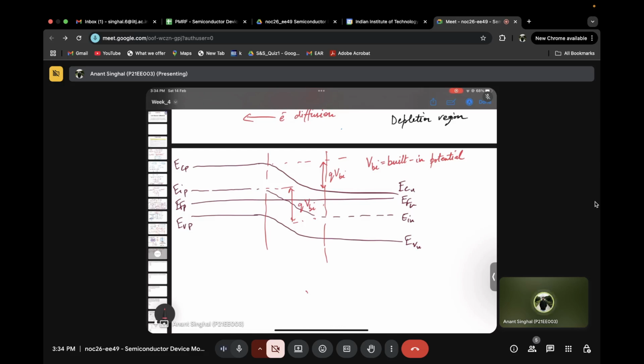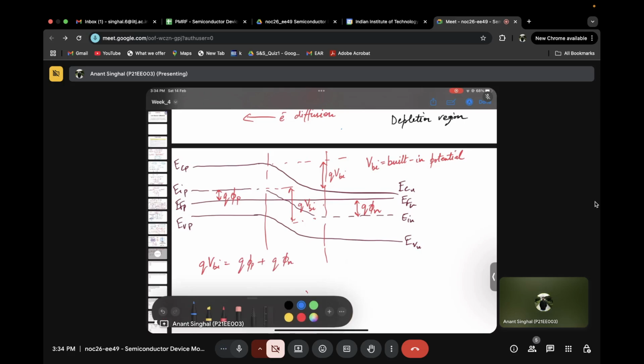If you remember, in the last class we wrote four formulas to calculate the difference between the energy level of the Fermi and the intrinsic, or the conduction and the intrinsic, or similarly the valence and the intrinsic. So I'm calling this q phi P because this is the P side, and this is what I'm calling q phi N because this is the N side. From this diagram, what we can clearly see is VBI in terms of q phi P and q phi N. It is nothing but q phi P plus q phi N. Is this expression clear to everyone?